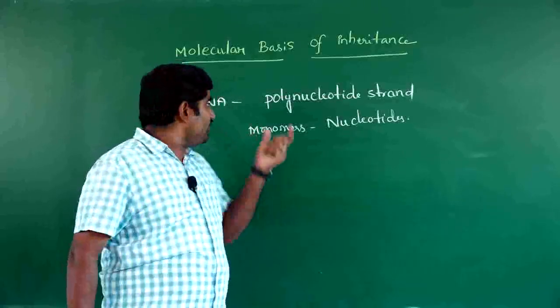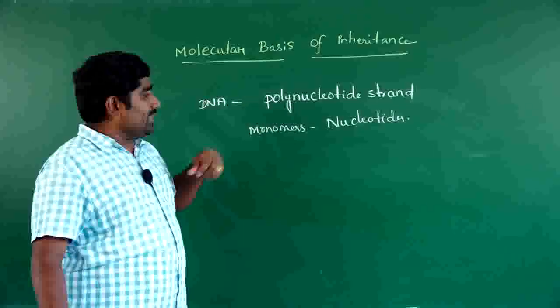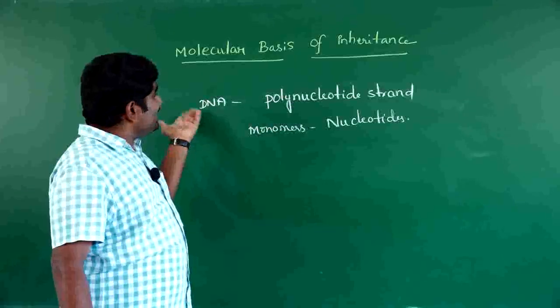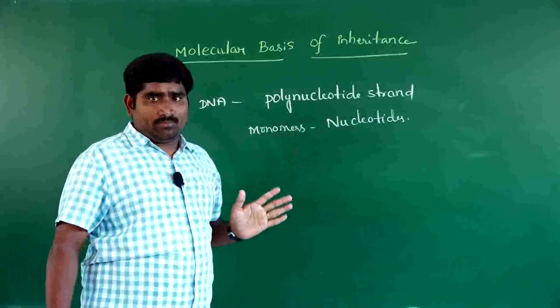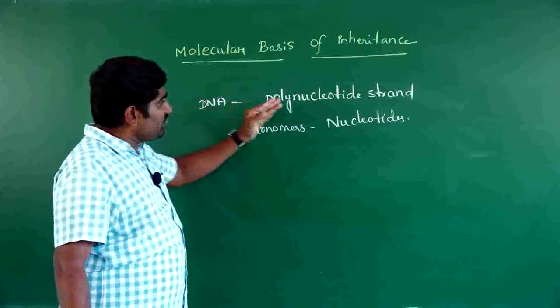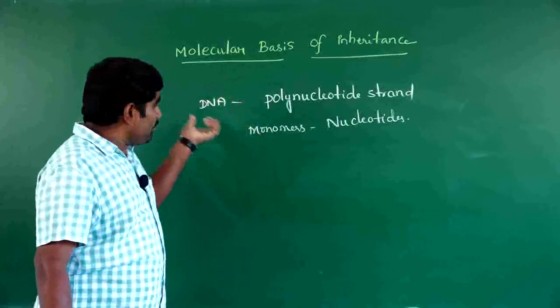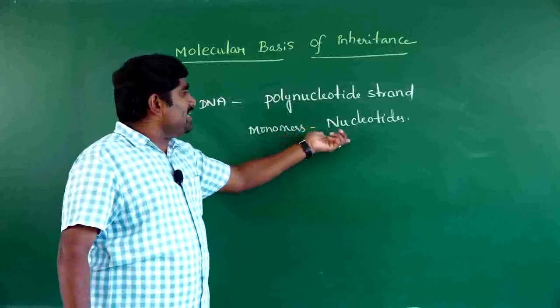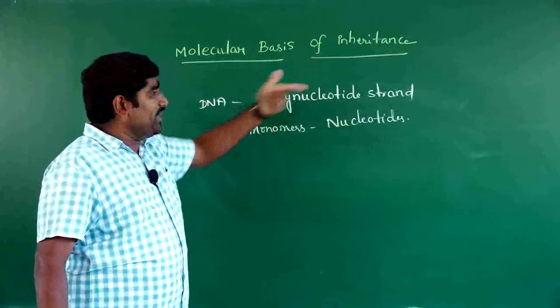Nucleotides are the units of DNA. DNA is a polymer of nucleotides, and a nucleotide is the monomer of the polynucleotide strand.